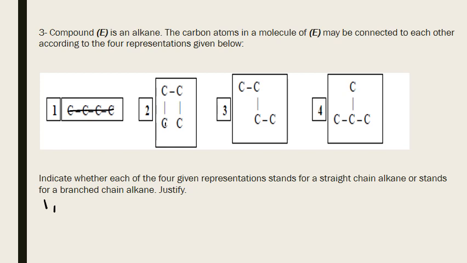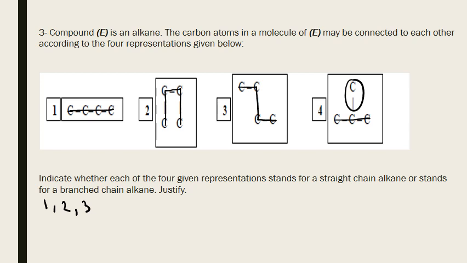Here as well, because we can see that there are no branches, number 2 is also a straight chain. Number 3, also we can go in a straight line, is a straight chain. But number 4, as you can see, if we go in a straight line, there will be a branch here. So this number 4 is branched.